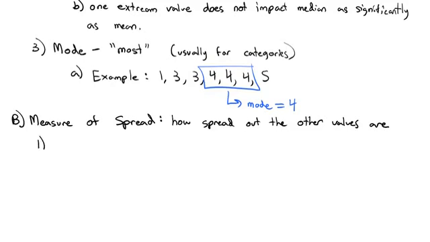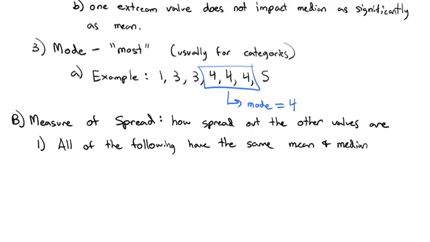And the reason this is important is we can look at data such as these 3 data sets I'm going to put up here. All of the following have the same mean and median. The first data set is going to be 1, 1, 1, 5, 9, 9, 9.